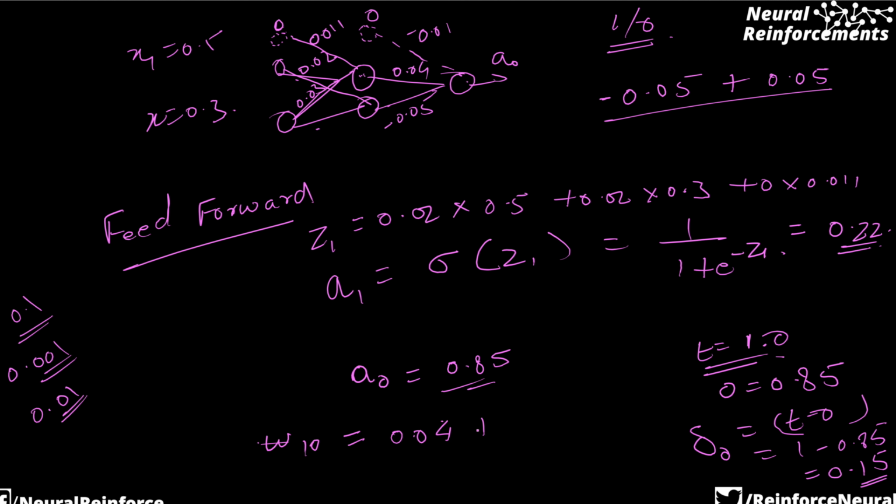So plus learning rate times, this is the learning rate that we are using, into x1, and x1 here we have assumed as 0.22.